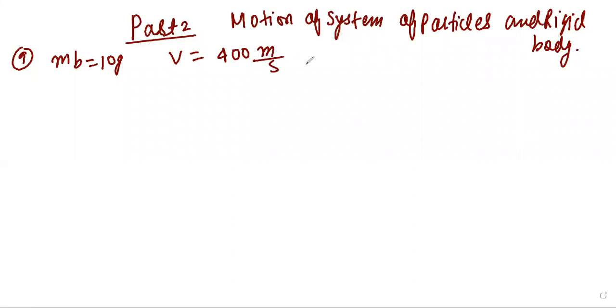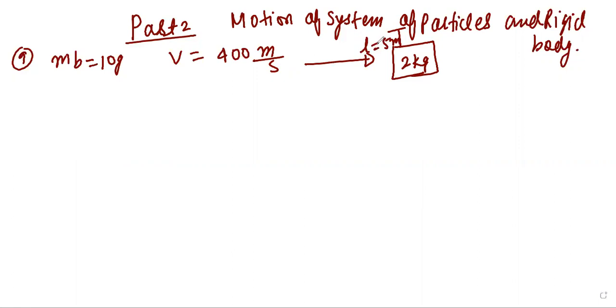There is a wooden block whose mass is 2 kg, which is suspended by a light inextensible string of length 5 meter, right? So it is hanged by a 5 meter length of inextensible string.